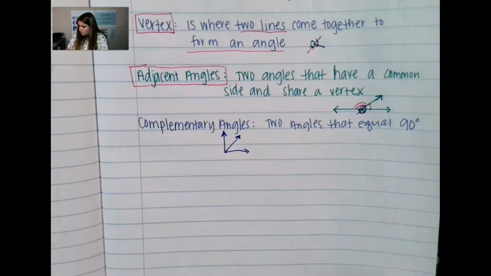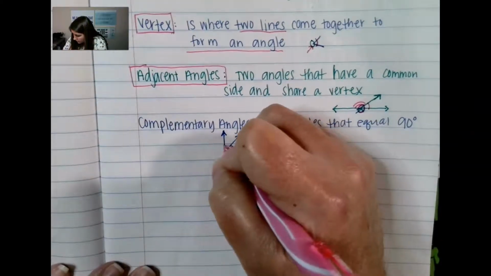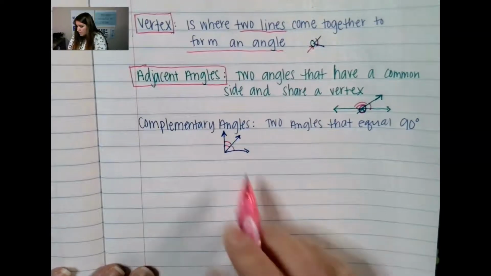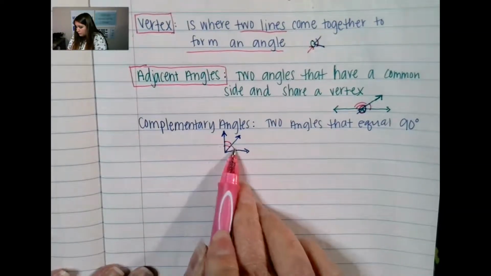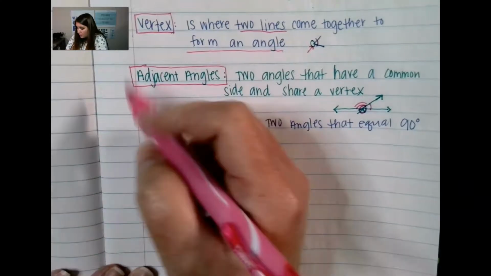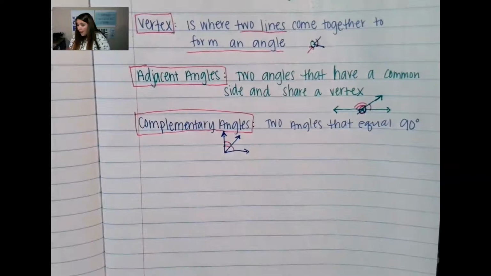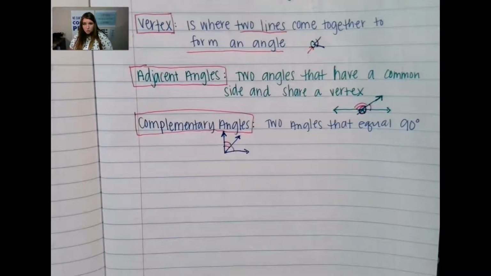Here's angle 1, and here's angle 2. They're complementary because they're side by side and they form 90 degrees.